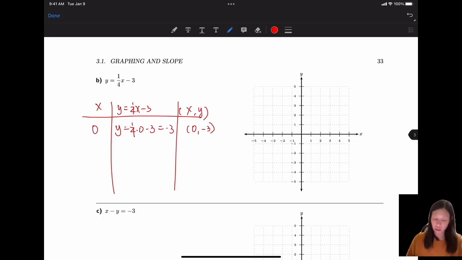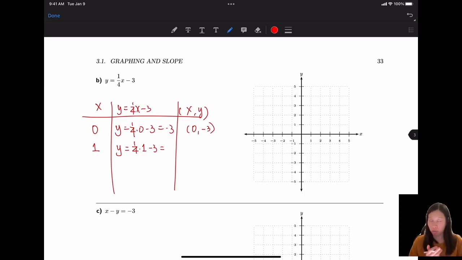And then, of course, there are other numbers that are really easy to calculate, such as 1, right? So if we do 1, we have y equals 1/4 times 1 minus 3. So now we have a fraction minus a whole number. We can still calculate that, but I know that you don't like fractions.